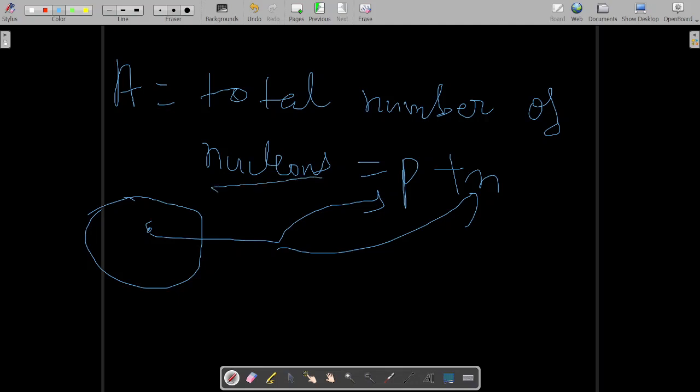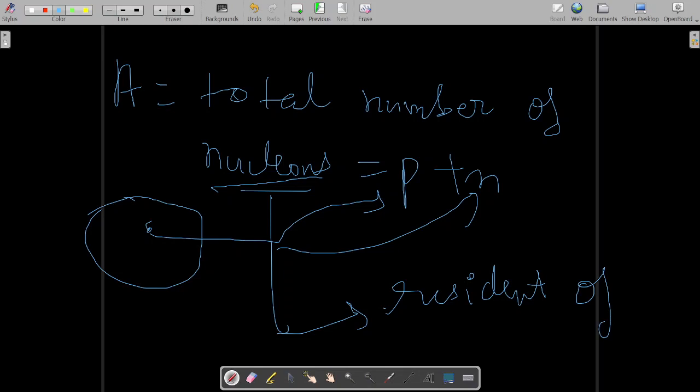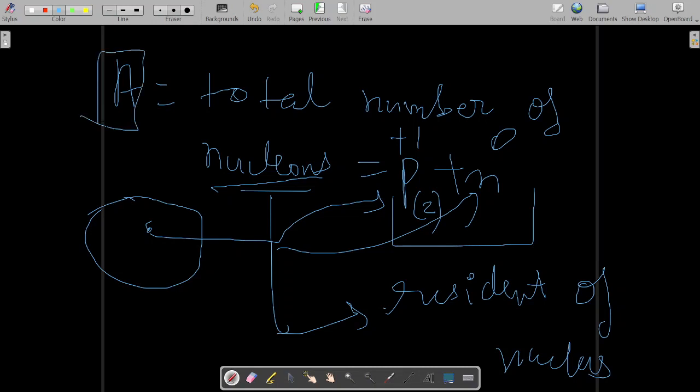So why are they called nucleons? Because they are present inside the nucleus. Resident of the nucleus means nucleons. A proton has +1 charge, a neutron has 0 charge. You have already learnt all these things in the lower classes. The number of protons is the atomic number, and the number of neutrons plus protons is the atomic mass number.